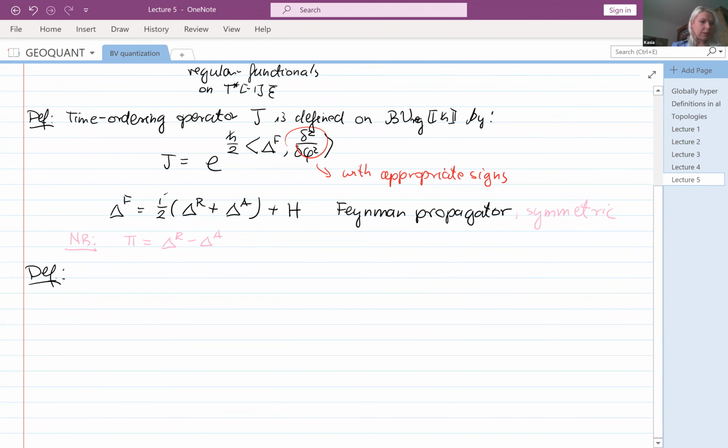And let me define it here. The time-ordered product T is defined.